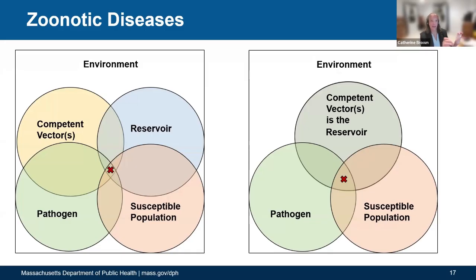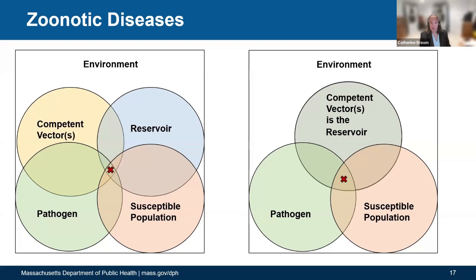And I hope that these graphs remind you a little bit of that One Health triad that I showed you at the beginning, right? The humans, animals, and environment all together. In order for an infectious disease to spread, you need a couple of things all together in the same place within the same environment, right? You need a species, an animal that has the germ, the pathogen in it normally. Okay, so that's the reservoir host.